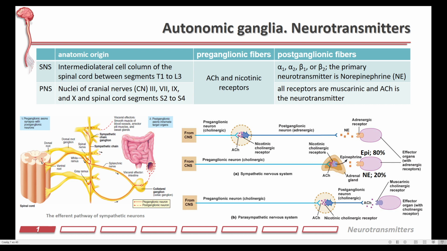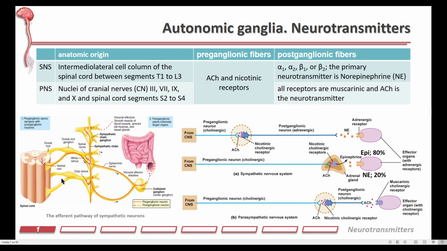Now let's talk about autonomic ganglia and neurotransmitters. This is the sympathetic reflex arc, and here you can nicely see the location of cell bodies of postganglionic neurons. The first type of ganglia which we can have is paravertebral ganglia. These lie on both sides along the spinal cord, and they form the sympathetic chain or sympathetic trunk.